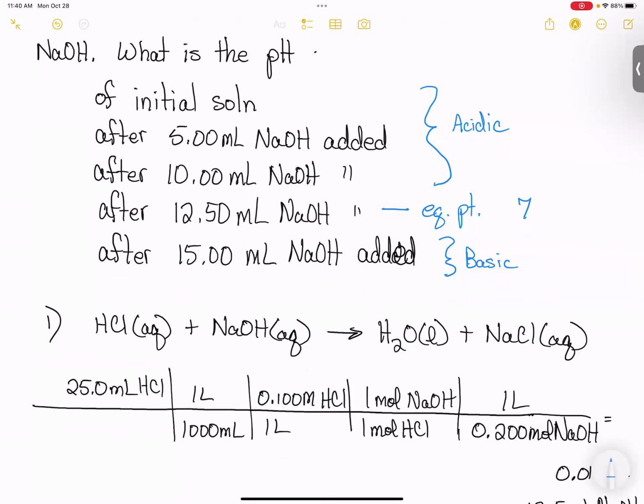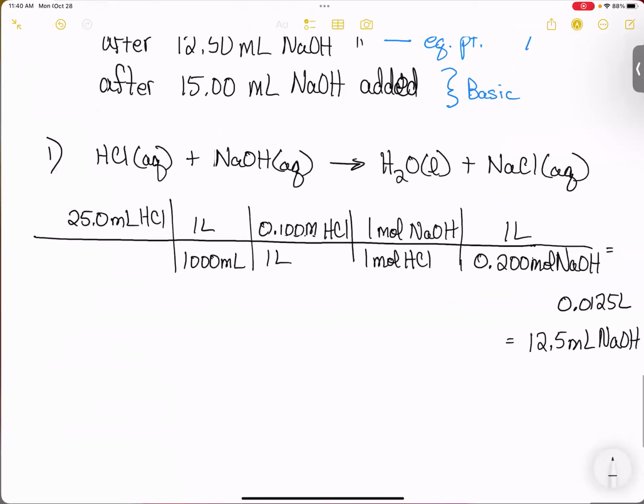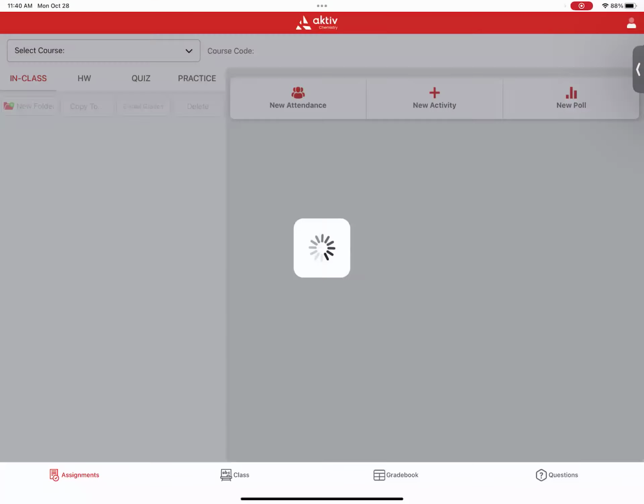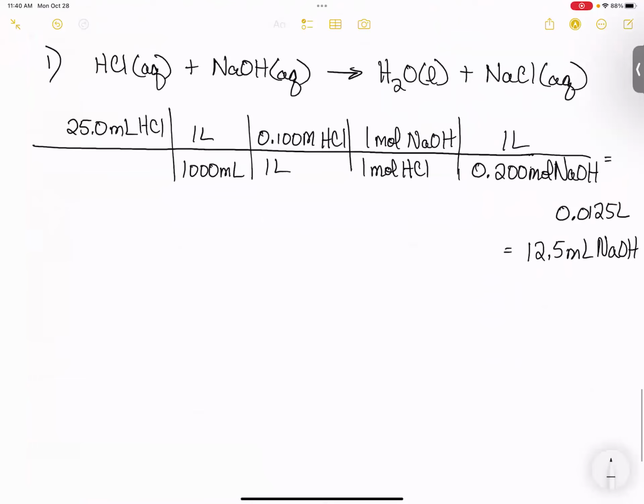Now, the initial pH. What do I have initially? Do I have acid? Do I have base? Do I have a combination thereof?